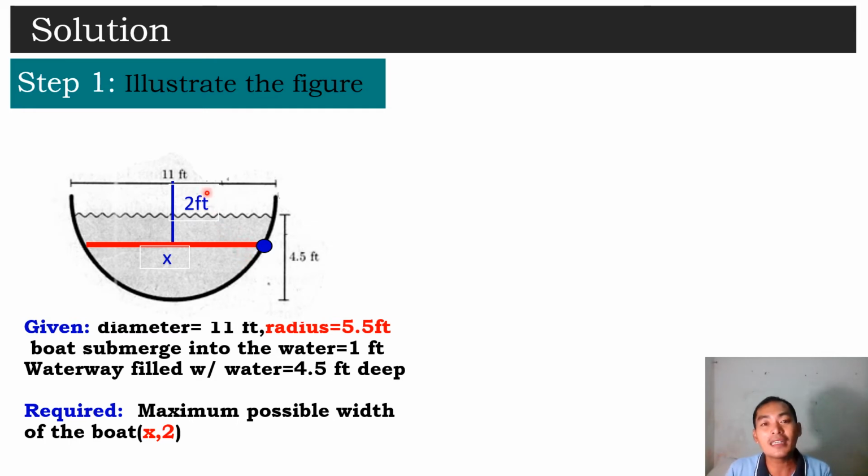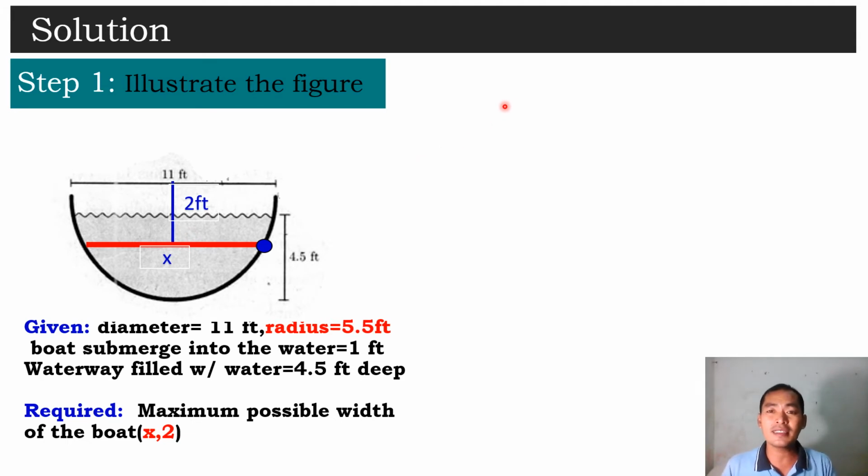So, 5.5 minus 3.5 is 2. So, 3.5, 4.5, 5.5. From the center going down, 2 feet na lang po. That is why we have here 2 feet for y. And what is the value of x for that particular value of y, which is 2?